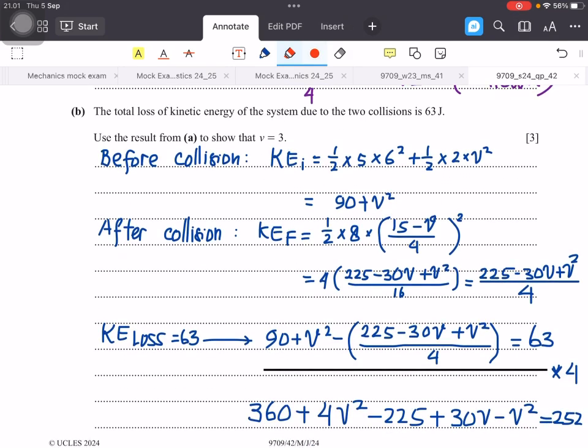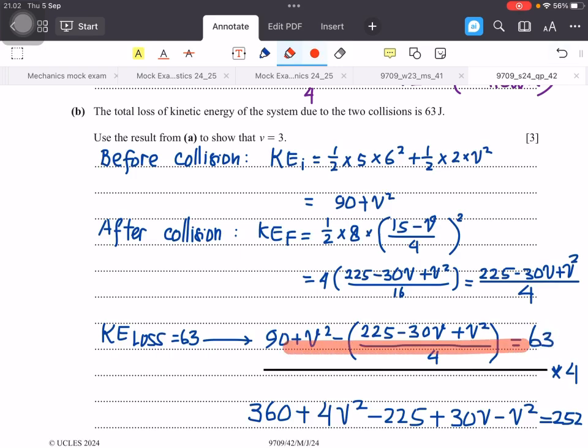So we equate, we find the difference between the kinetic energy initial and kinetic energy final, and then equate the result with 63.